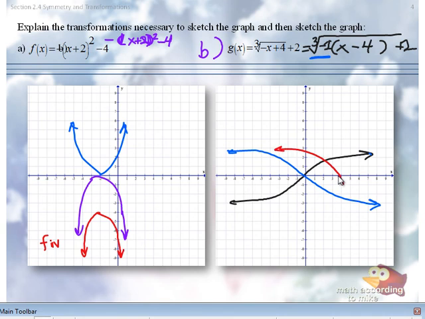And lastly, plus 2 to the function. By adding 2 to the function, what does that do to the graph? Up 2. So (4, 0) was the old center. So (4, 2) is now the new center. So the graph in green is your final answer.